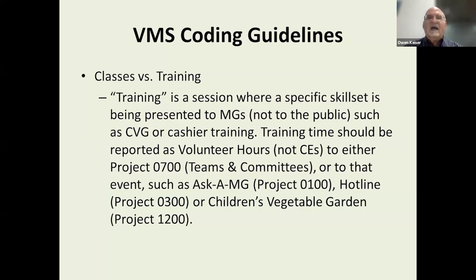Ask a Master Gardener is project 0100. The hotline is 0300. Children's Vegetable Garden is project 1200. Those are big, very popular projects. You'll probably be logging time to those. Even though you may be learning something, it's training, and those are volunteer hours.